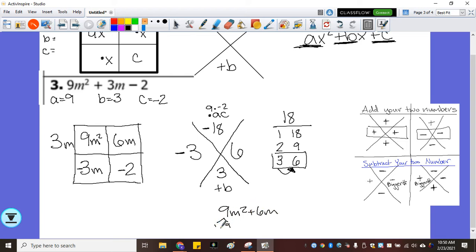So 1 and 9, 3 and 3, 2 M's. 1 and 6, 2 and 3, 1 M. So the biggest number they had in common was 3, and there's one variable in common. So that's how I got 3M. What about 9 and negative 3? It's 3 again. M squared and M. It's always the smallest number, so M.